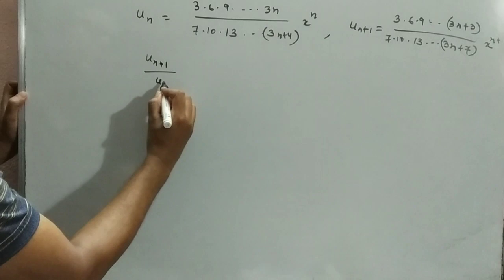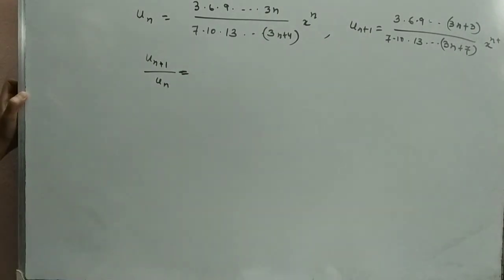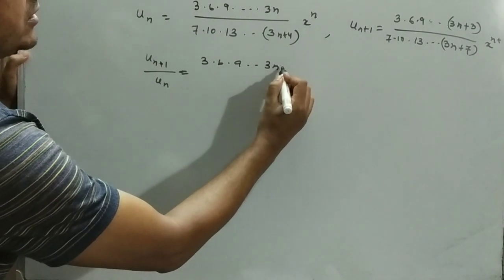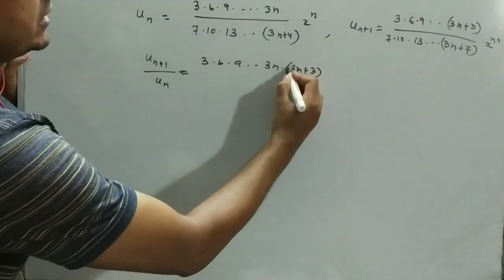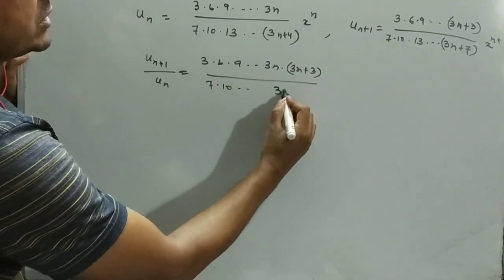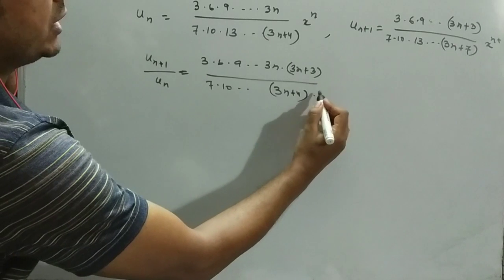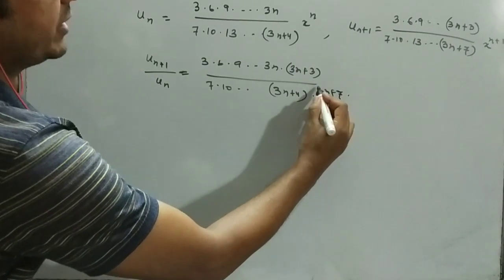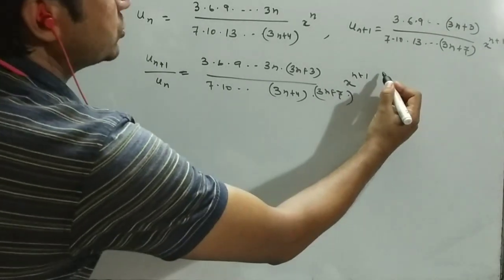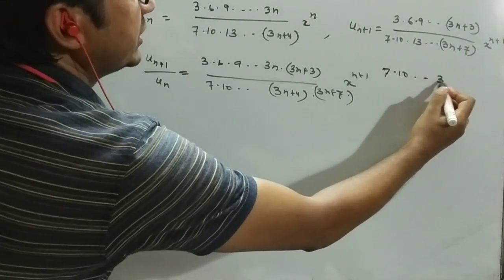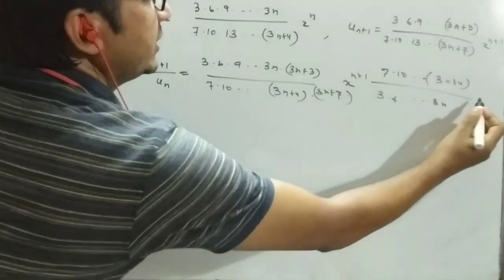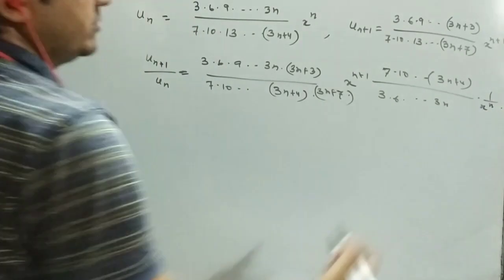Un plus 1 by un is equal to 3, 6, 9 to 3n into 3n plus 3 by 7, 10 to 3n plus 4 into 3n plus 7, into x to the power n plus 1, and here also 7, 10 to 3n plus 4 by 3, 6 to 3n into 1 by x to the power n.